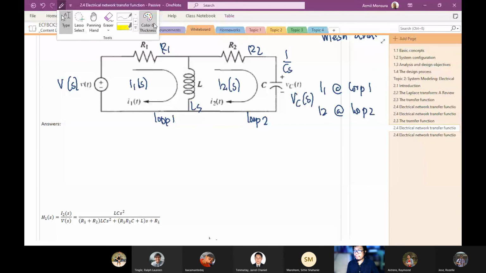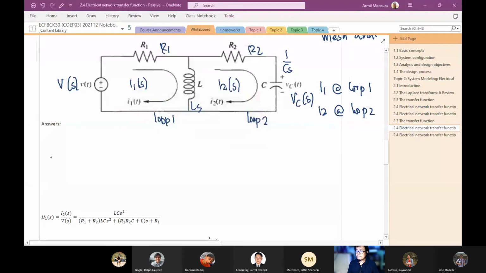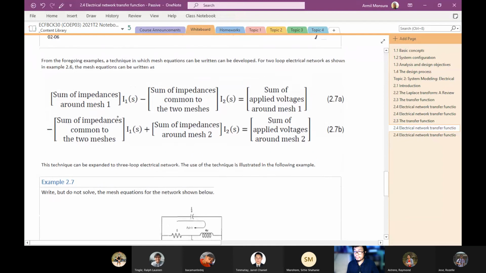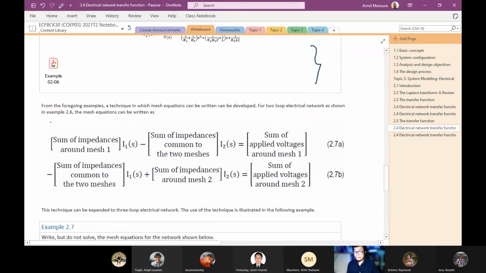Una natin tignan is, for example, yung loop 1. Since, tignan nyo sa expression na to, yung first equation na to pertains to the equation at loop 1. So ito, this one is the equation for loop 1. Ito naman for loop 2.